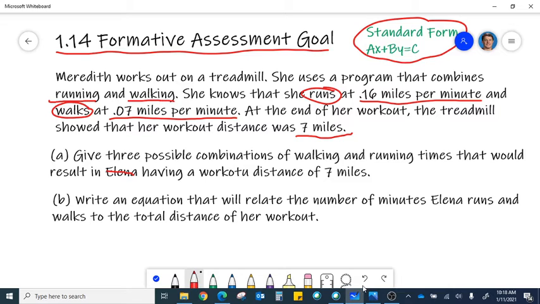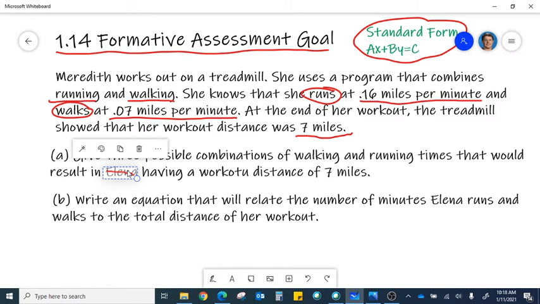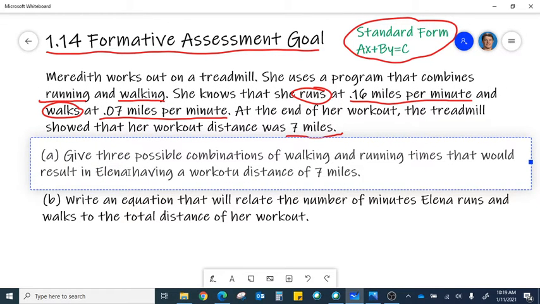Result in Meredith having a workout distance of, as I'm doing this, I might as well correct it, a typo here, distance of 7 miles. Okay.